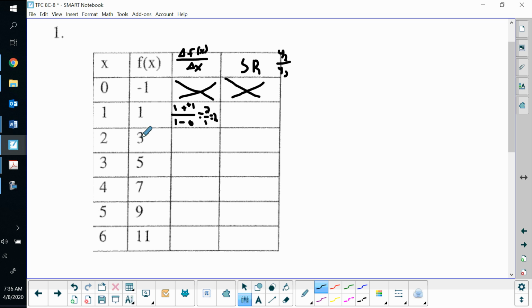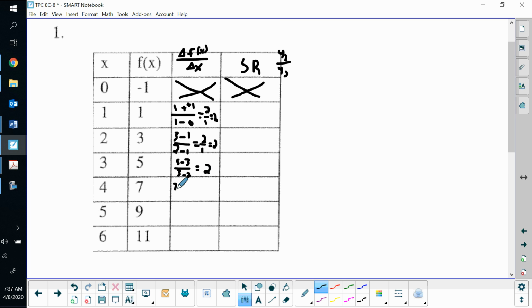And the next one, we'll start with this y value, minus the y value before it, over 2 minus 1. So we'll get 2 over 1, which is 2. Next one, we'll start with this y value of 5, minus the 3 before it, over 3 minus 2. On top we'll get 2, on bottom we'll get 1, so we'll get 2.